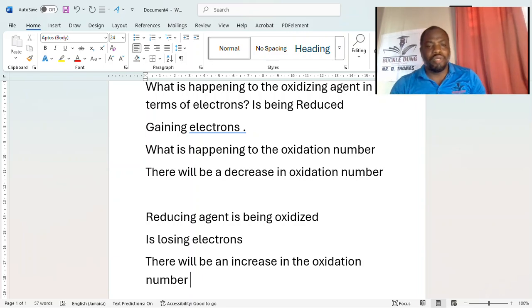So usually these questions may come as 1 mark questions just to test if you know what is happening with the reducing agent, if you know what the concept of oxidation and reduction is. And so just have this in the back of your head. Once you understand this, then you would be able to interpret and answer questions.